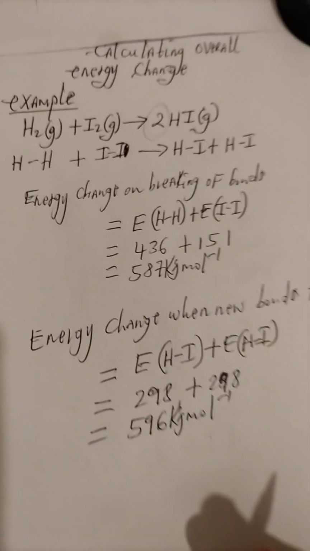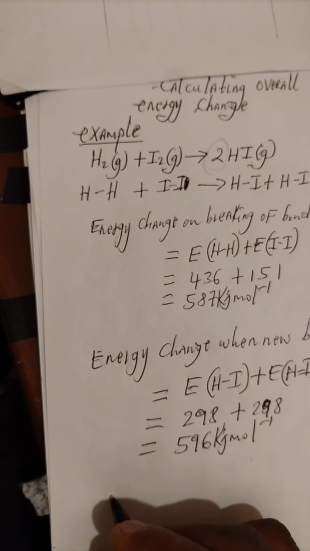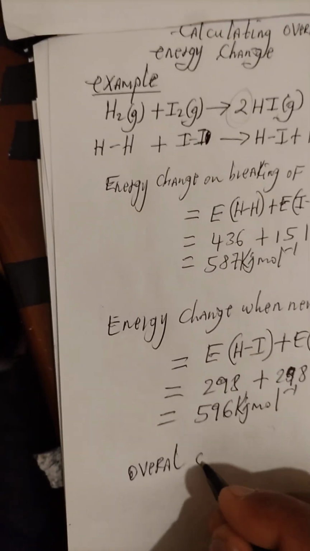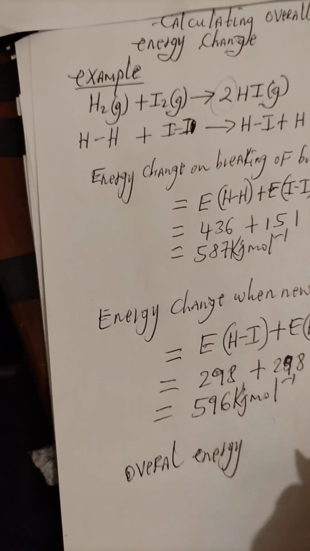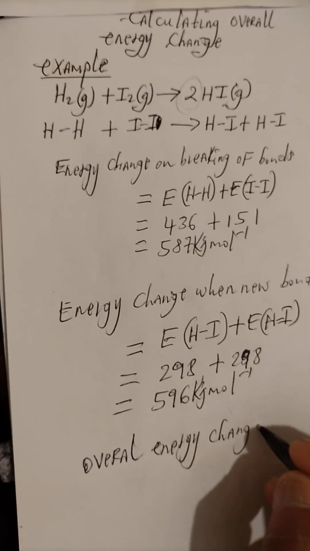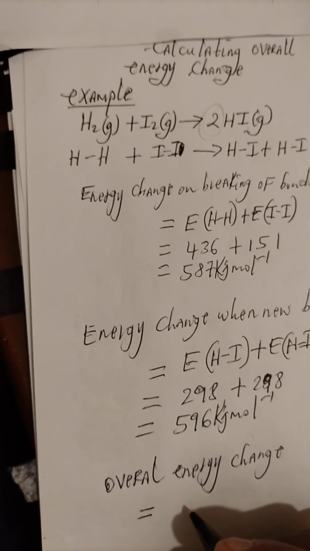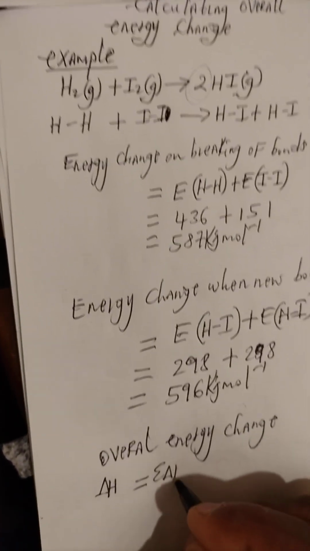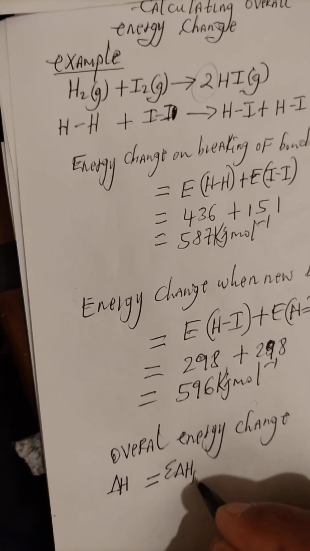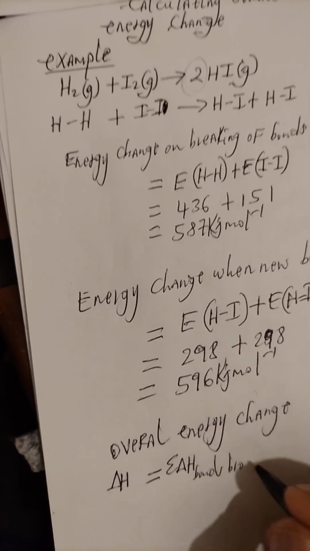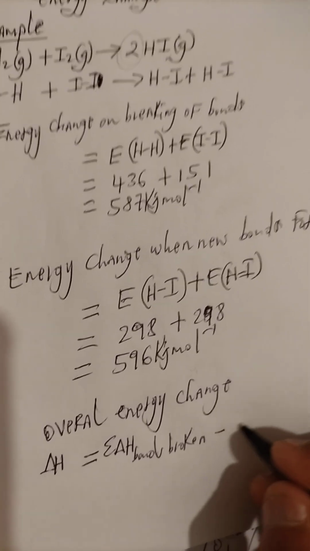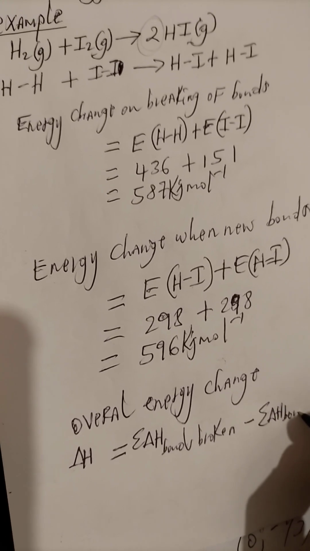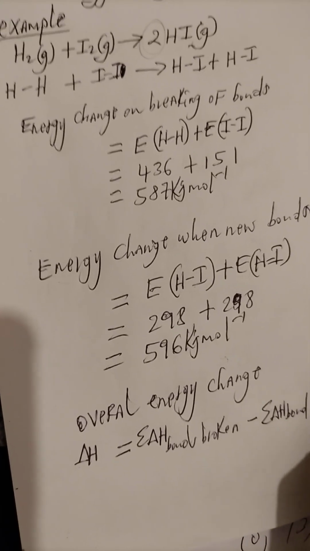Now, when we want the overall energy change, remember, it's the change in enthalpy. It's the sum of the changes in enthalpy of bonds broken, minus the sum of the changes of bonds formed.